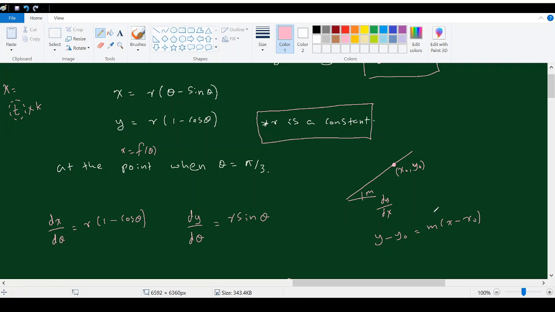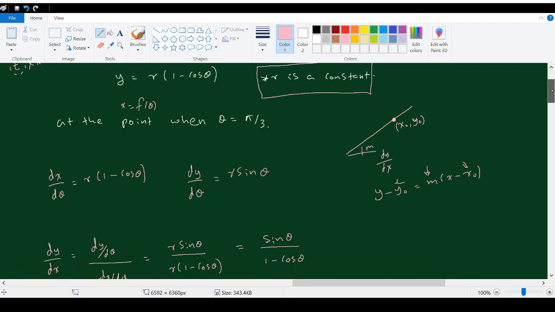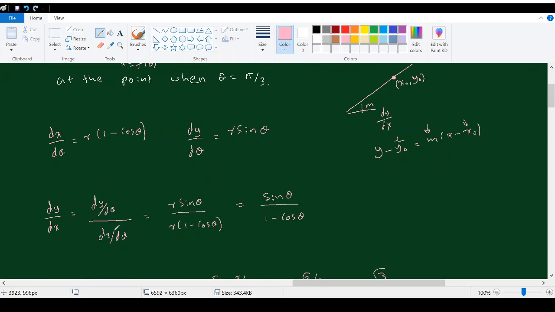So basically we need these two pieces of information, right? The point that this line passes through as well as the slope of that line. And to find the slope, we use the derivative. We compute the derivative of y with respect to x, and to compute that we use the chain rule.